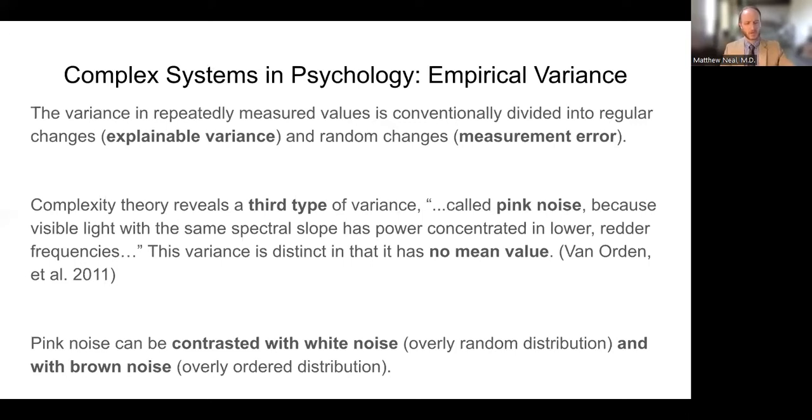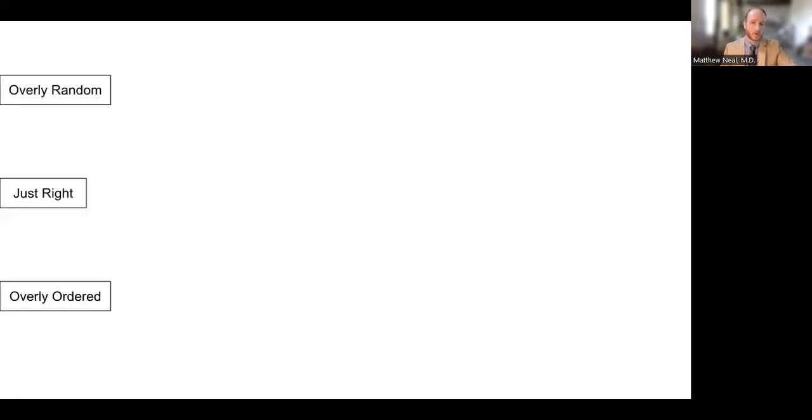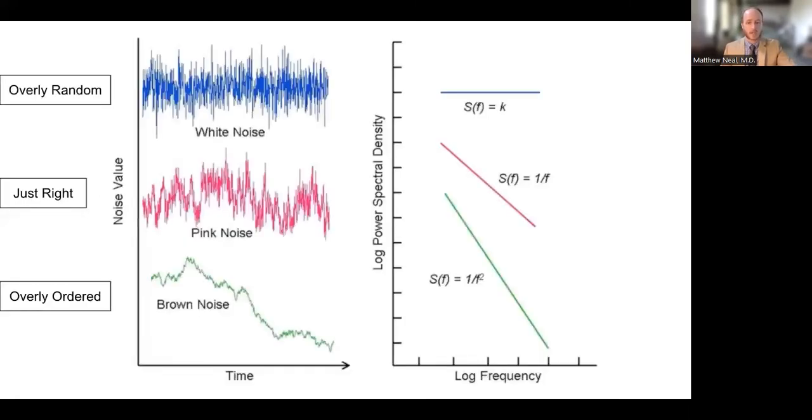We contrast pink noise with white noise, which is overly random, or brown noise, which is overly ordered. You can see that the scaling exponent dictates what pattern of noise you're getting.